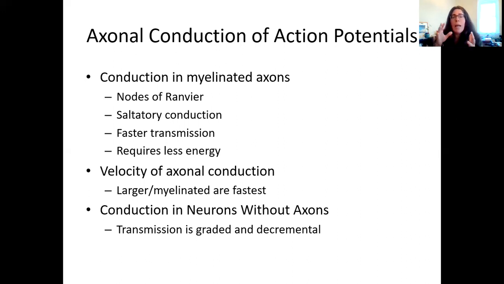Opening and closing protein channels is an active process, and the sodium potassium pump has to reestablish the electrical charge. So it requires less energy. Larger neurons have faster communication than smaller neurons, and myelinated axons are faster than unmyelinated axons.